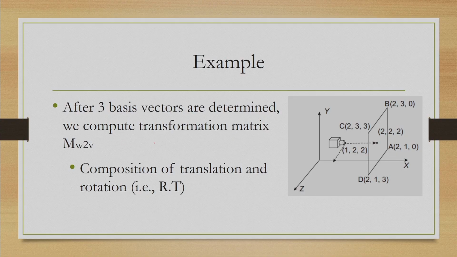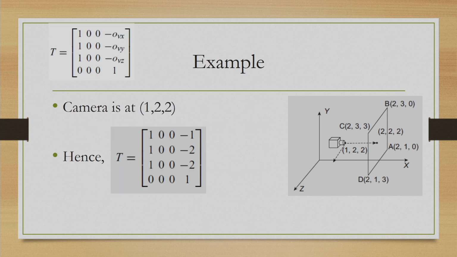Next, we compute the transformation matrix M, which is a composition of the translation and rotation matrices. Now, we have already noted earlier that the translation matrix is represented in this way, where we use the coordinate position of the origin, since it is already given to be 1, 2, 2.